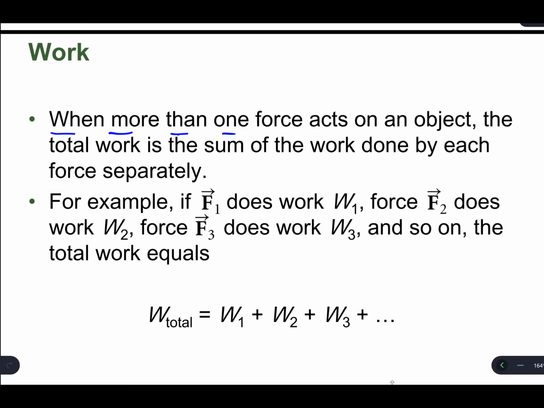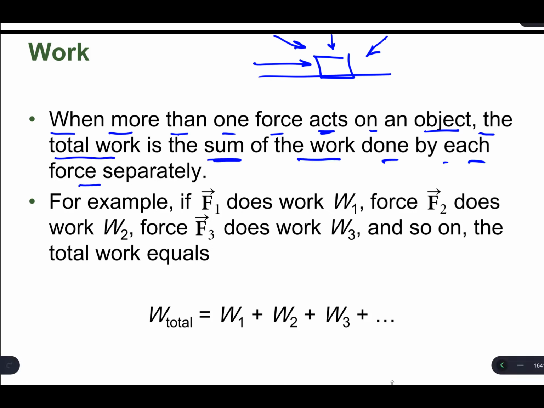When more than one force acts on an object, imagine that there are many forces: a force here and a force there and a force up, from many directions. The total work is the sum of the work done by each force separately.